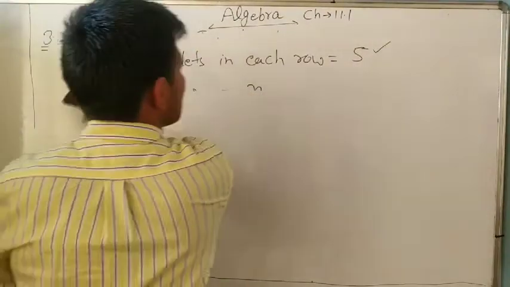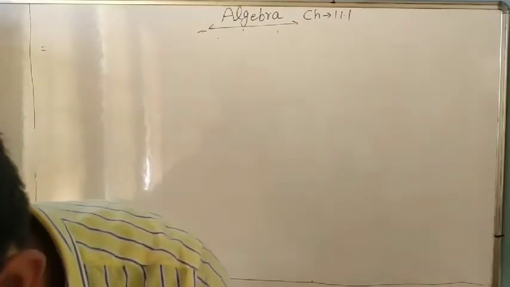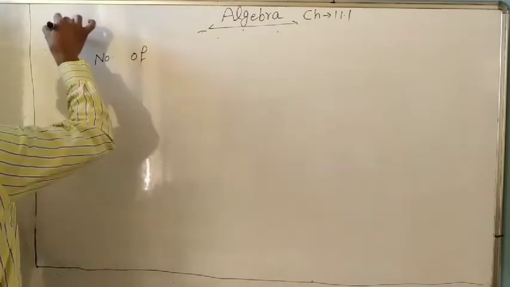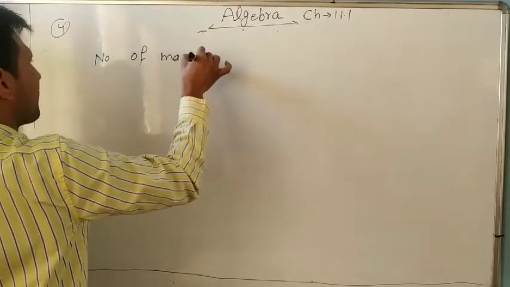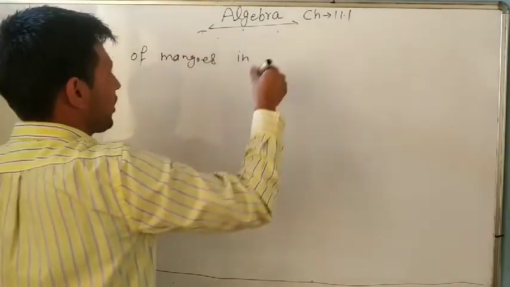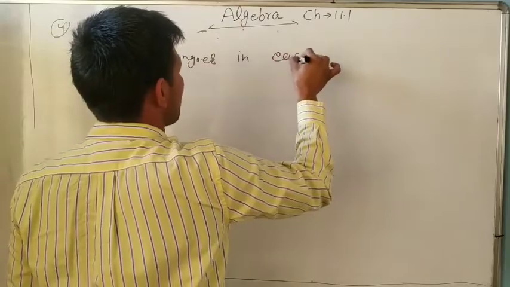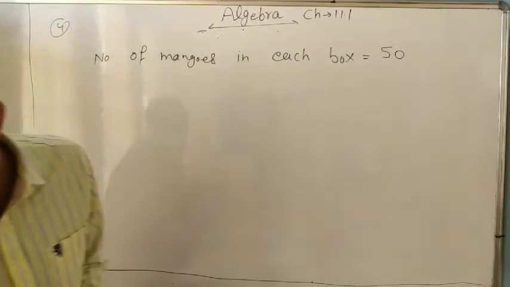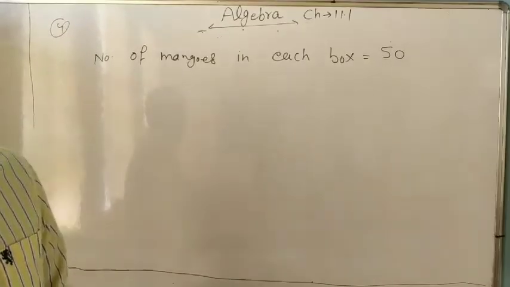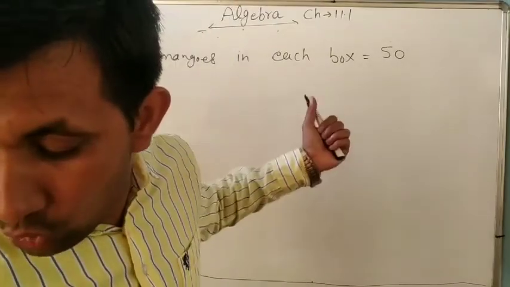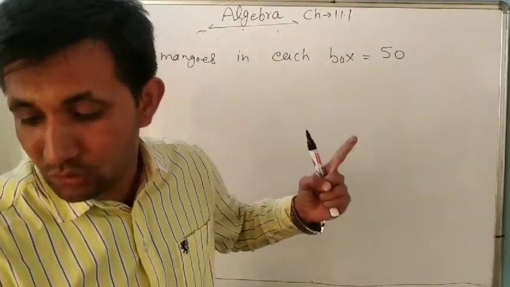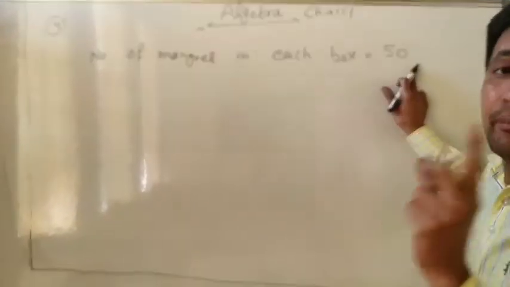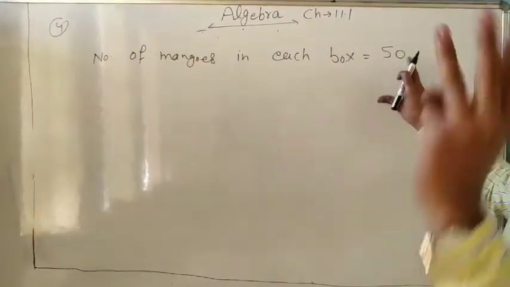In question number 4, what is given? There are 50 mangoes in a box. So write the number of mangoes in each box: 50. How will we write the total number of mangoes in terms of the number of boxes? If one box has 50, two boxes 2 into 50, three boxes 3 into 50.